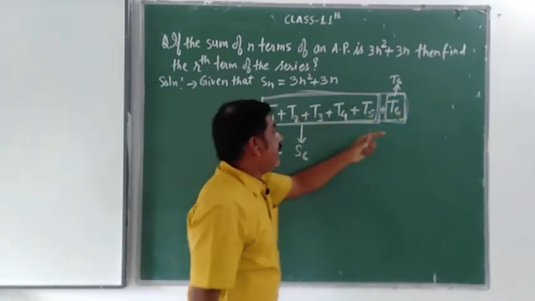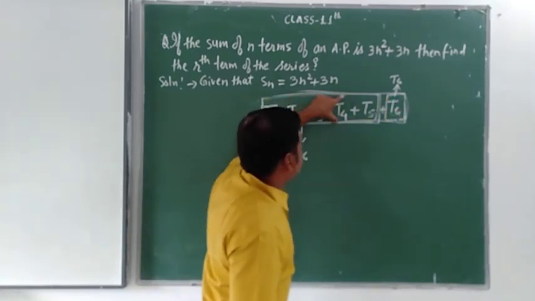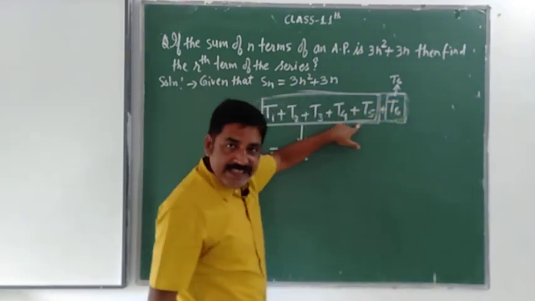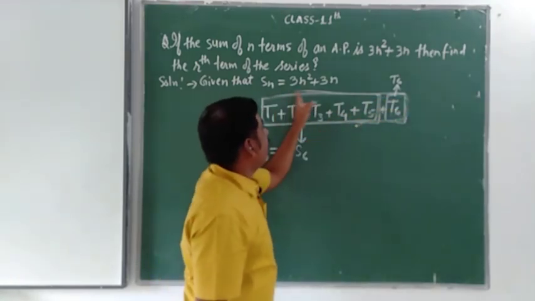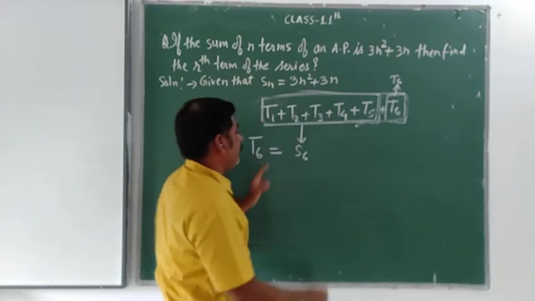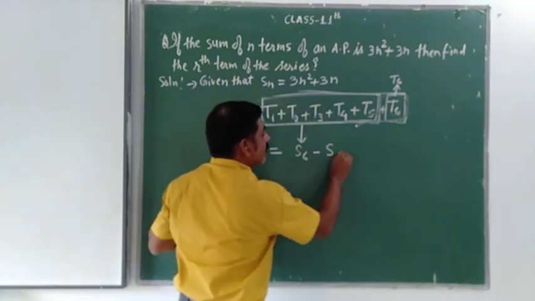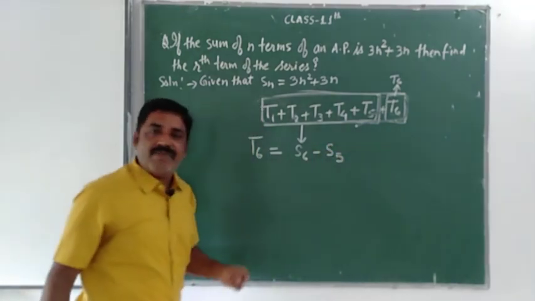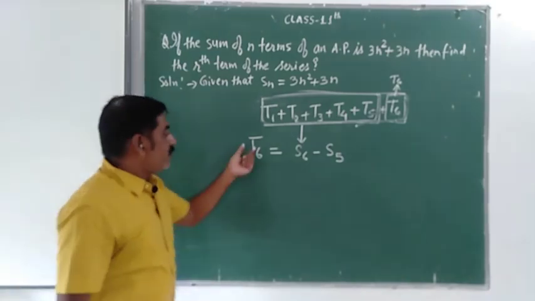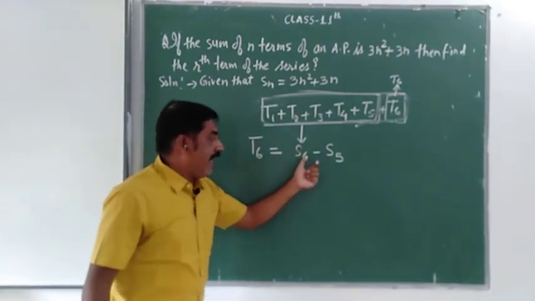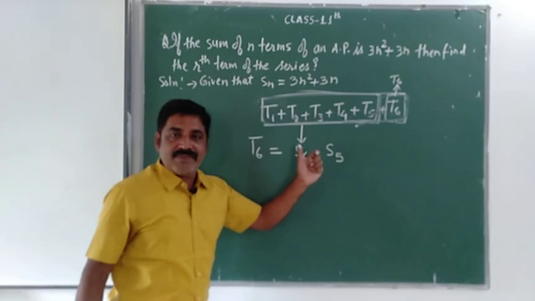T6 is equal to S6, ये S6 है, और ये S5 है. So S6 minus S5. Clear? So T6 is equal to S6 minus S5.